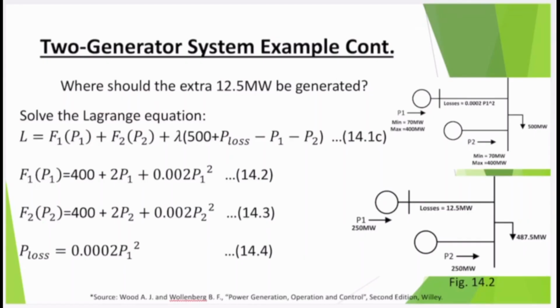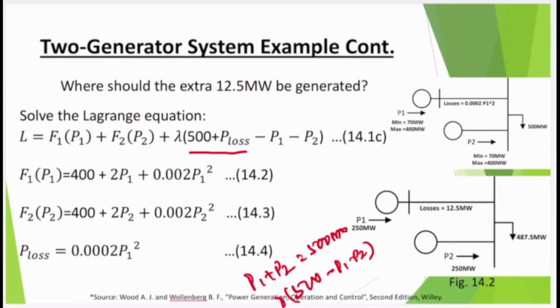So to do that, we can again go for the Lagrangian equation L, which is F1(P1) plus F2(P2) plus lambda times the equality constraint. In the past the load was 500, but now it is 500 plus losses, minus P1, P2. Earlier, P1 plus P2 equal to 500 megawatt, and then we wrote 500 minus P1 minus P2 times lambda.